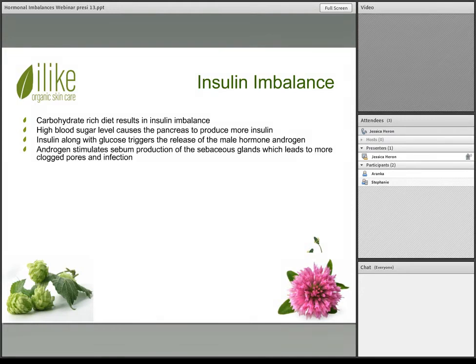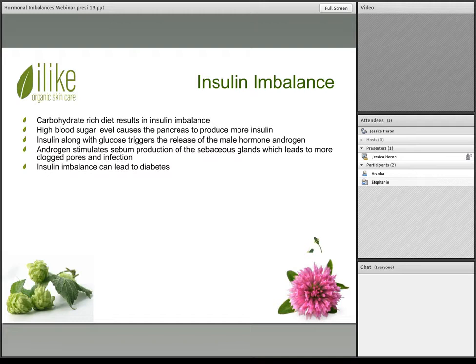And as we know, the androgen hormone stimulates oil or sebum production of the sebaceous glands, where oil is produced, which leads to more clogged pores and can lead to infection. Acne bacteria feeds off oil, so it's like a feeding ground for the acne bacteria. So as we stimulate more oil production, the bacteria can cause clogged pores, pimples and pustules, and may even lead to infection.